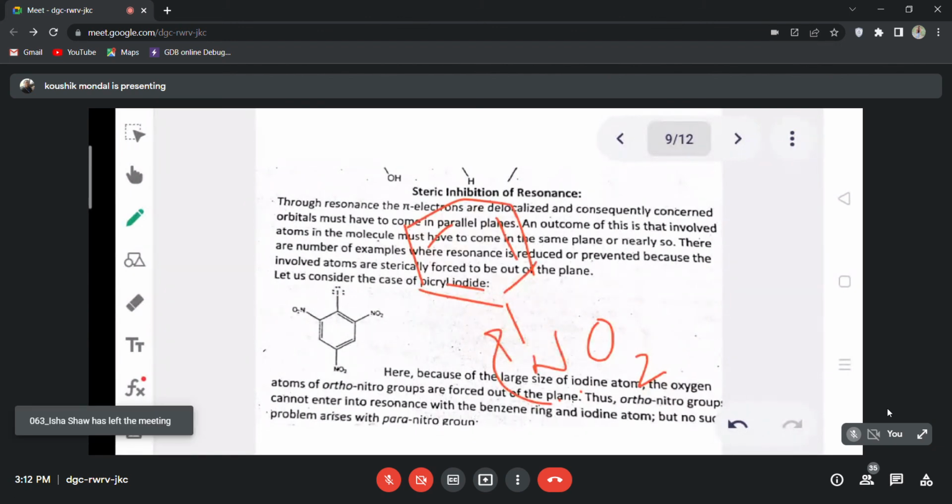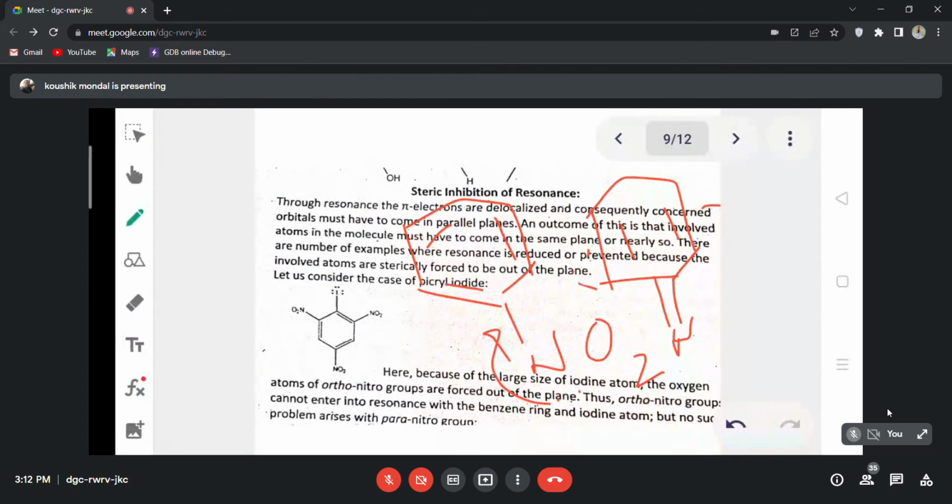Okay, if NO2 resonates in this manner, then this bond will be a pi bond, and this will be the structure if we draw it in this manner.